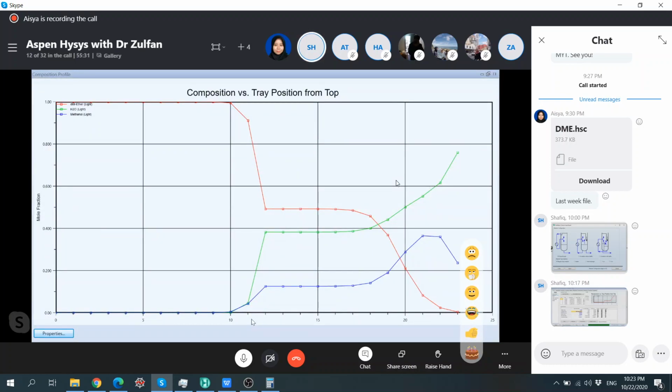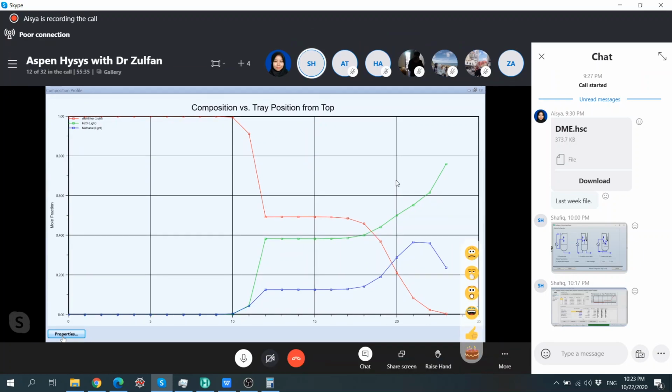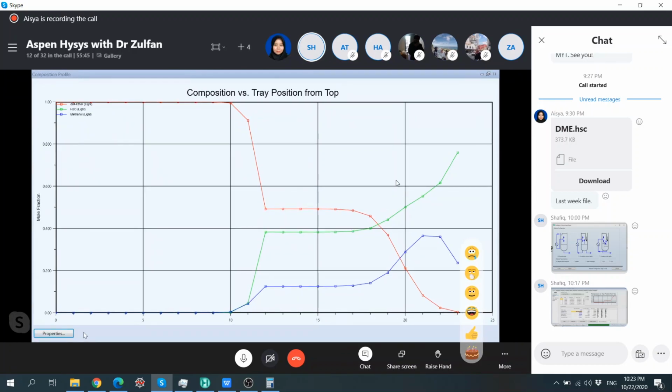I don't know if we can add temperature, but anyhow, we just mentioned that the temperature from stage 1 until stage 9 or 10 is constant. And here you can see the concentration of methanol, the light one, the blue, and the concentration of DME, red, and also the water.